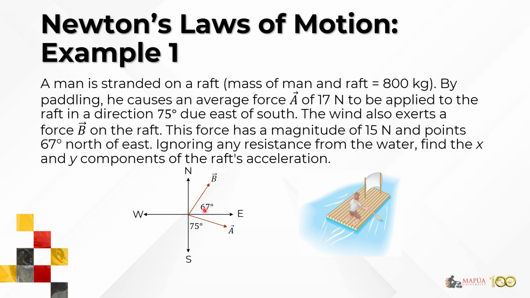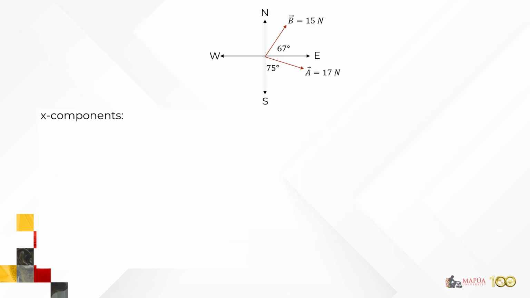The two forces we need to calculate here are vectors A and B. So let's start. For the x components of both vector A and vector B, we just have to add, getting the vector sum of A sub x plus B sub x.